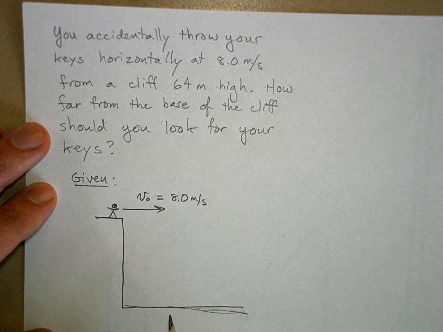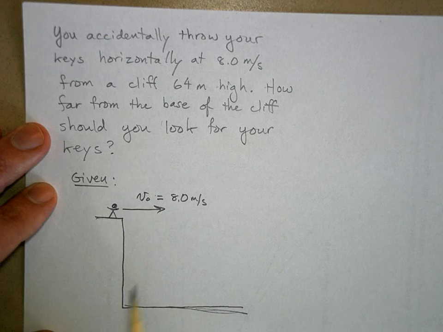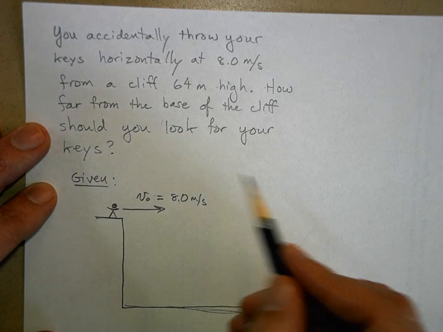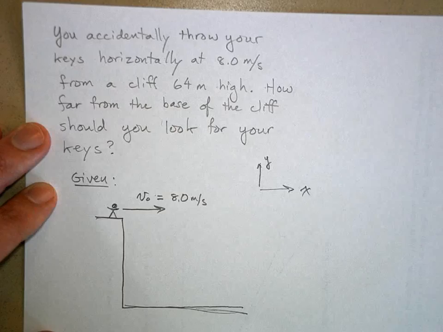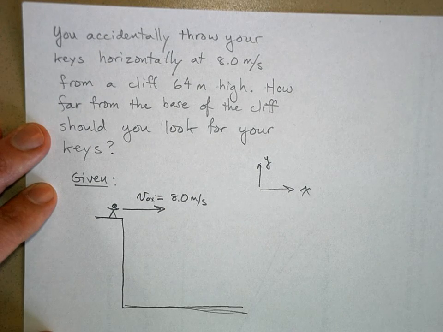Now, think about this though. If you throw it horizontally, this is the initial velocity, but in what direction? That's the horizontal, the x direction. Let's make this the x direction and this the y direction. That's our coordinate system. So this is really the initial velocity in the x direction.